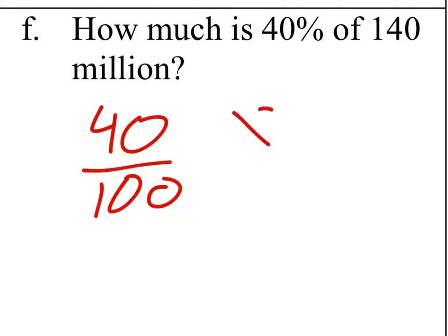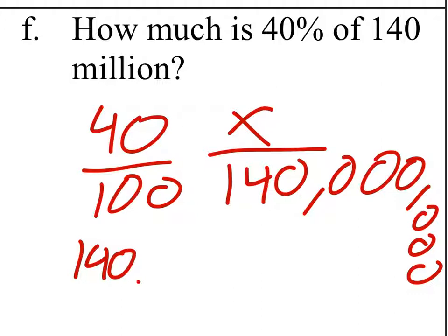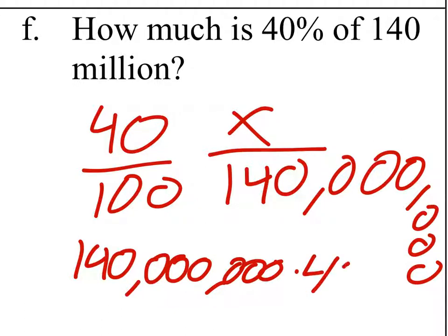That'd be X. You start down here, then you times that by 40, then divide by 100.